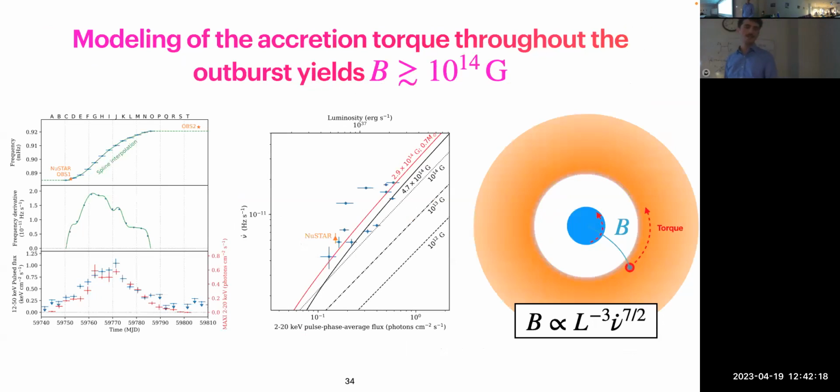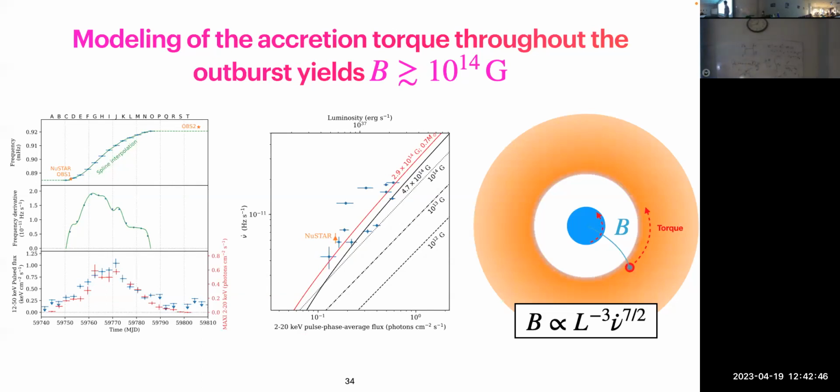So the next thing we did was to model the torque that was applied to the neutron star by accretion throughout the entire outburst. And so we were able to do that thanks to Fermi. Fermi is a gamma ray telescope that is able to monitor pulsars in the X-ray as well.